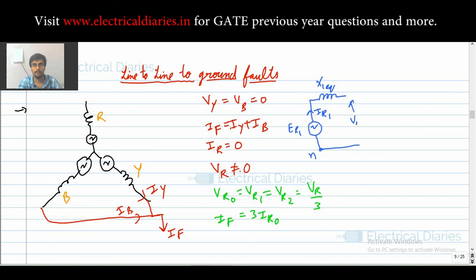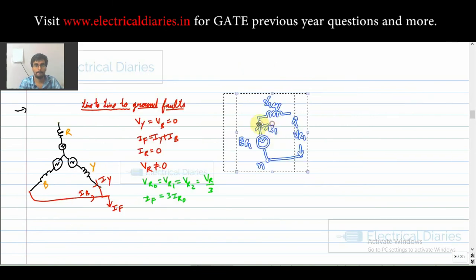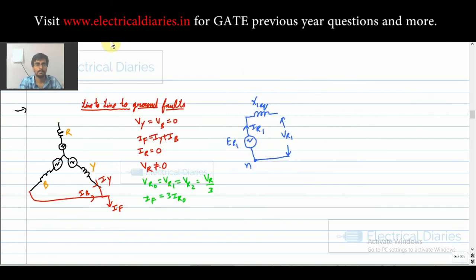This is VR1, this is your positive sequence.